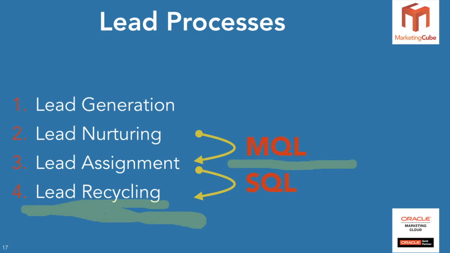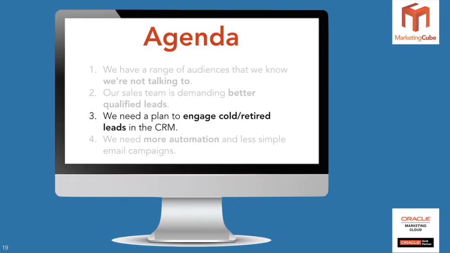So that's very cool. Okay, so this follows on very tightly with our previous topic, but just gives you a little bit of a structure to potentially think about in relation to that whole process. So we need a plan to engage cold and retired leads in the CRM.